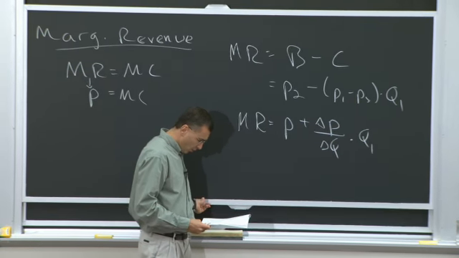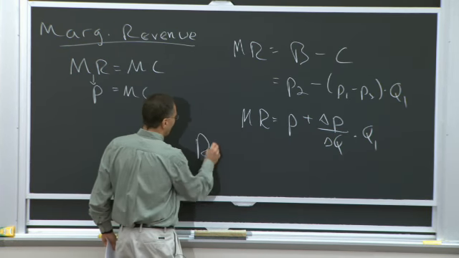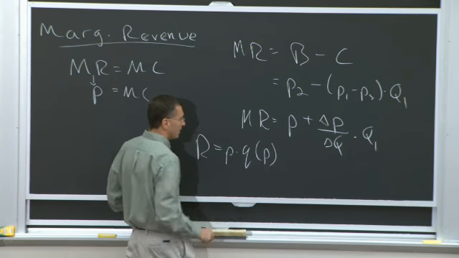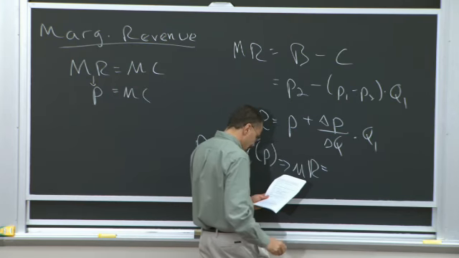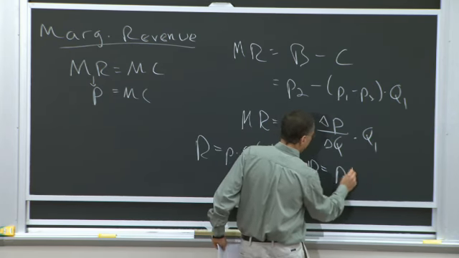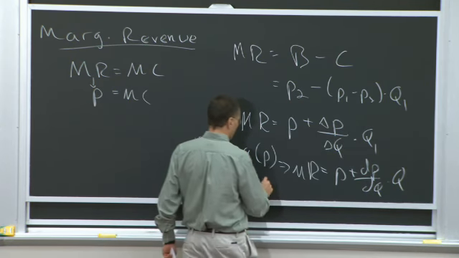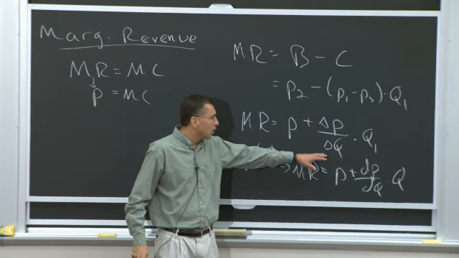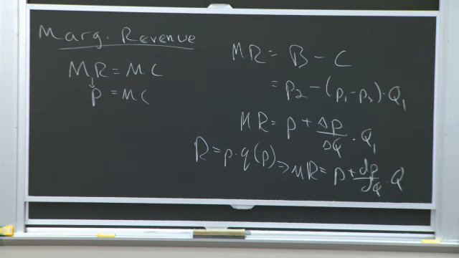Or one more time, for those of you who prefer calculus, if revenue equals P times Q, and Q is a function of P, then marginal revenue, differentiating that, is P plus dP dQ times Q. So marginal revenue is the price plus the change in price from selling another unit times the initial quantity.